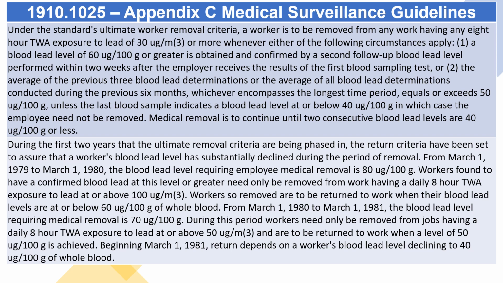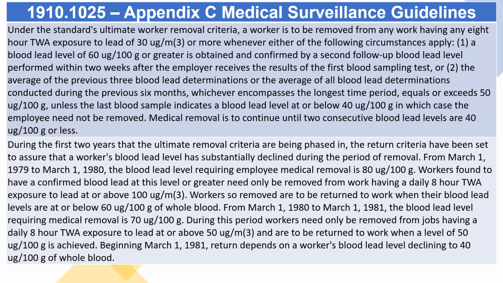The average of the previous 3 blood lead determinations, or the average of all blood lead determinations conducted during the previous 6 months, whichever encompasses the longest time period, equals or exceeds 50 µg/100 g, unless the last blood sample indicates a blood lead level at or below 40 µg/100 g, in which case the employee need not be removed.